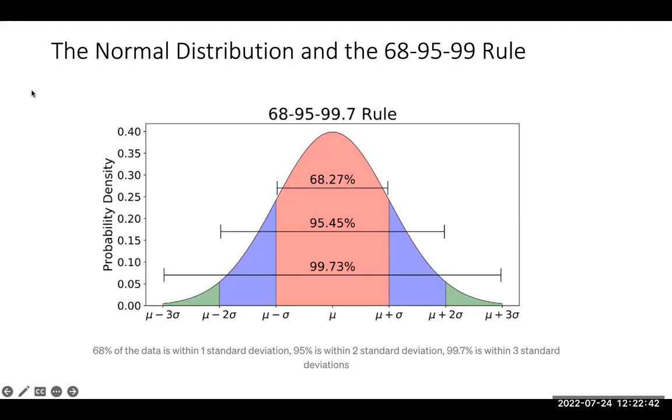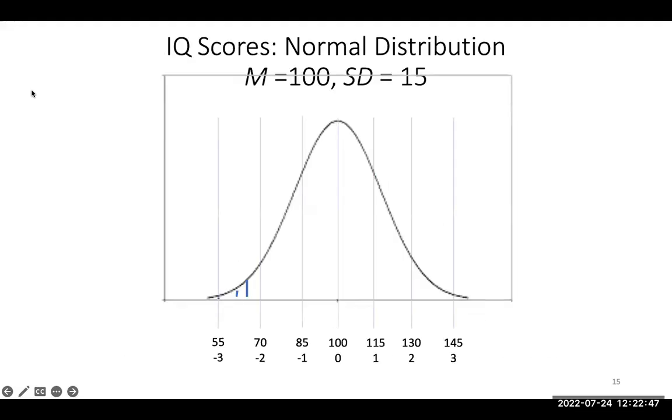Let's take a look at some of the potential problem sets that you might have. An example of a characteristic that follows the normal distribution is IQ scores. So the mean IQ score of all adults is 100. We have a standard deviation of 15.